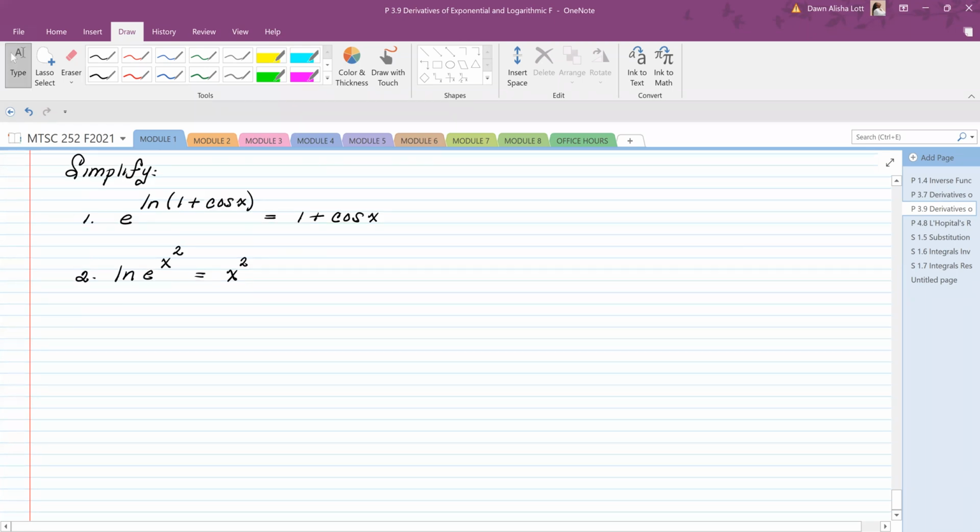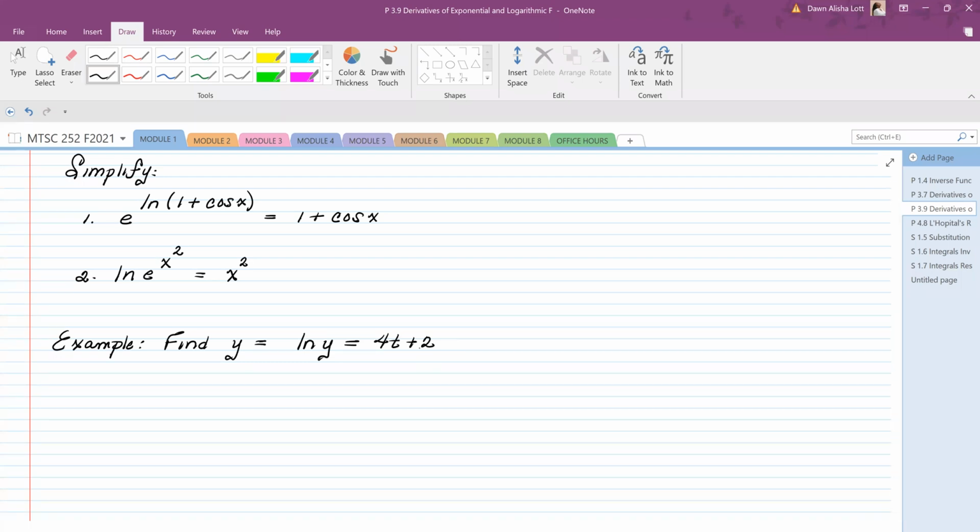Suppose we need to find y. Let's do another example. Let's find y if the log of y is equal to 4t plus 2. Okay, well, one of the things we can do is what a student of mine said, let's e it.